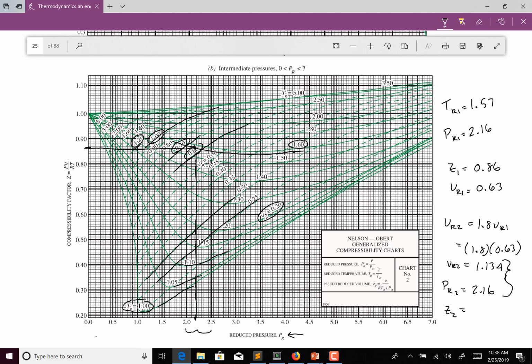Then we want to go up from the reduced volume to this line, and then go over to the y-axis and read off our Z value. I'm going to say that Z2 looks like it's approximately 0.98.